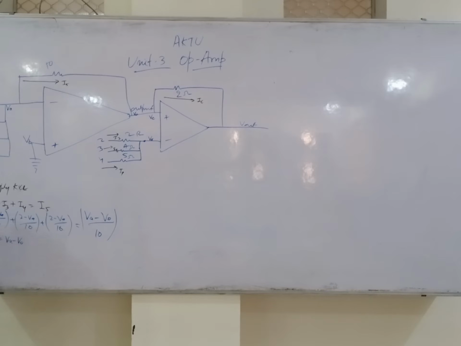So 8 minus 5VA is equal to minus V output. V output is equal to 5VA minus 8. This is equation 1.